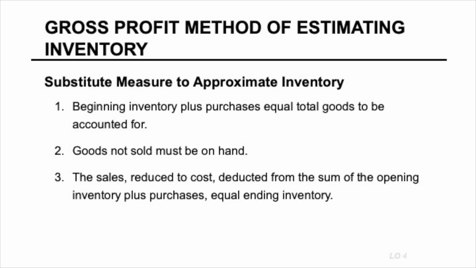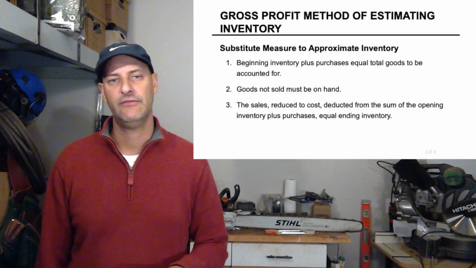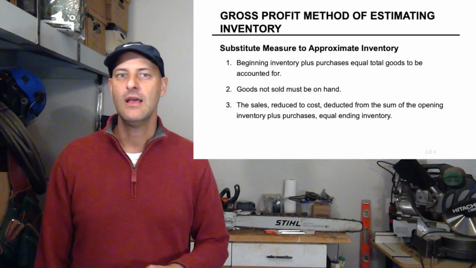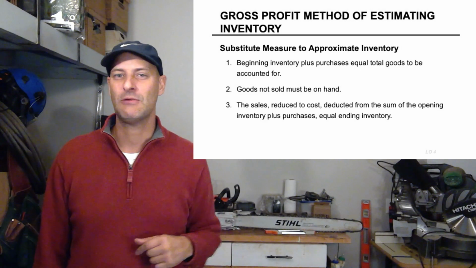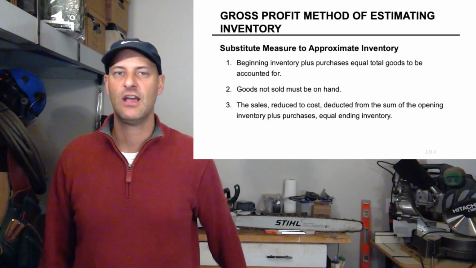So we're going to start with the gross profit method. Under the gross profit method, this is a substitute measure to approximate inventory. We begin with beginning inventory plus purchases equals total goods to be accounted for. Pretty straightforward. This should go right back to our periodic inventory calculation. Beginning inventory plus purchases gives us goods to be accounted for.